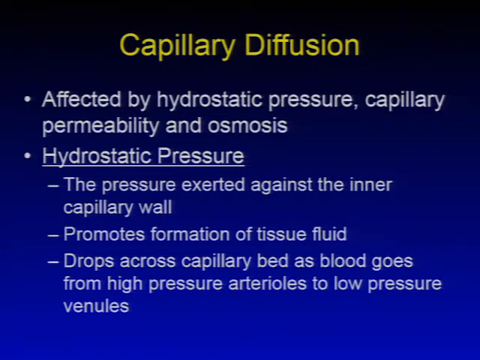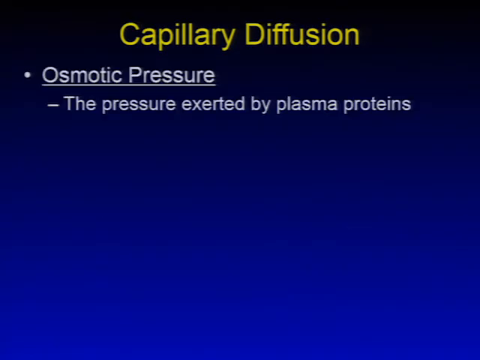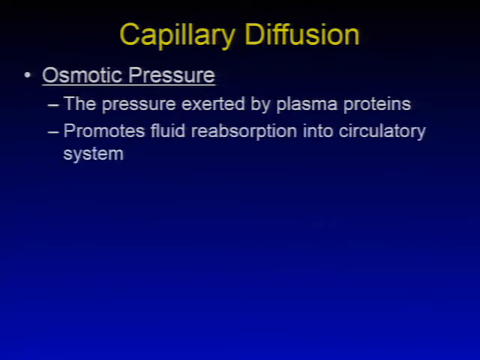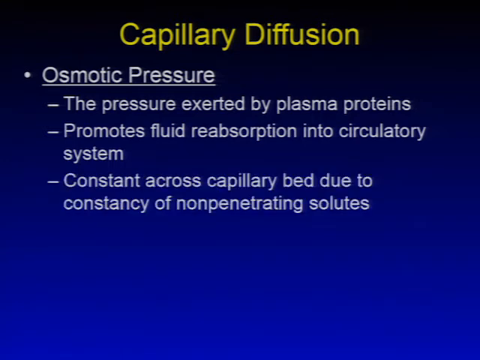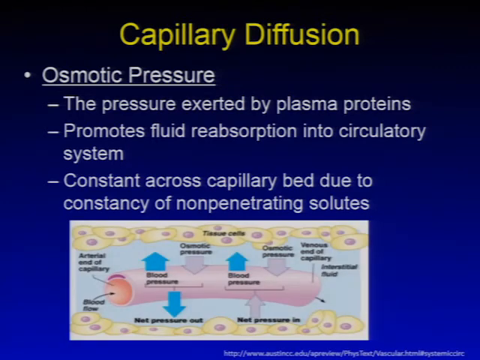Hydrostatic pressure drops across the capillary bed, where when there is a loss of volume, there's a loss of pressure. Whereas osmotic pressure is exerted by plasma proteins that are circulating within the blood. The osmotic pressure promotes fluid reabsorption back into the circulatory system. It tends to be constant across a capillary bed due to the constancy of non-penetrating solutes.